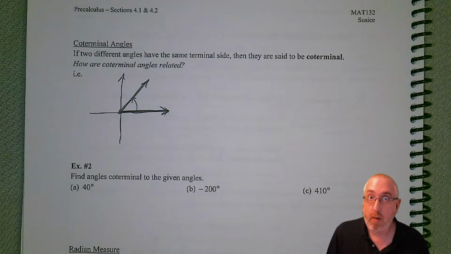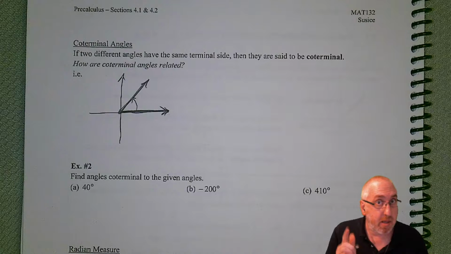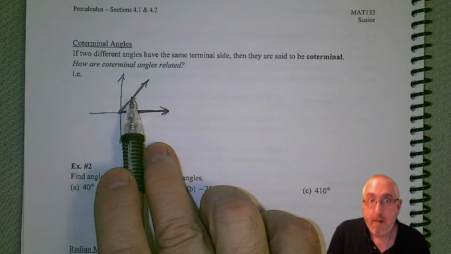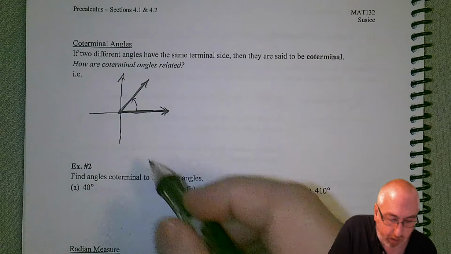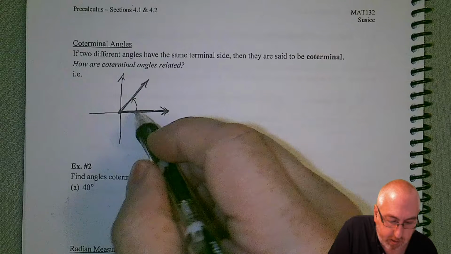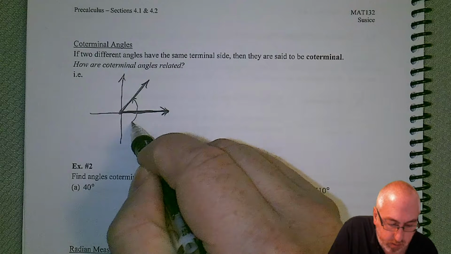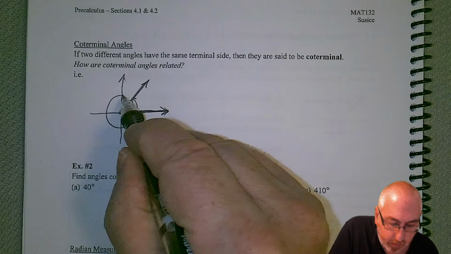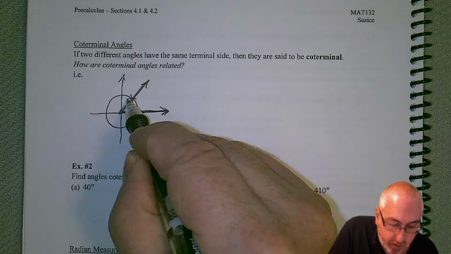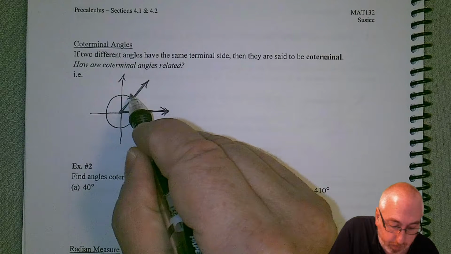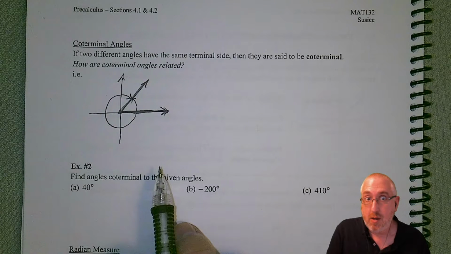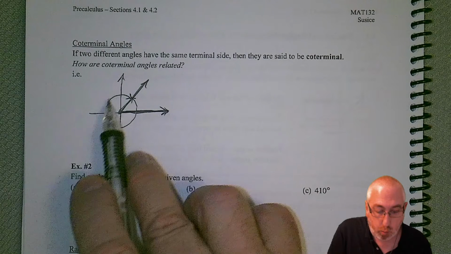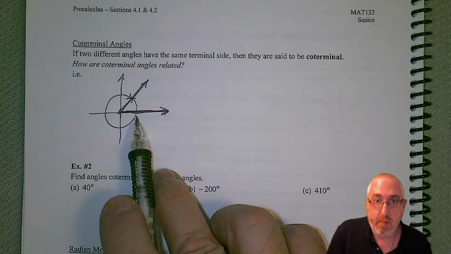So that's one angle, and it's a positive angle because I'm going counterclockwise. But what if I wanted to go clockwise? If I went clockwise, I could be describing this angle here. It's a pretty large angle, but the one thing we also know is that it's negative. So those two angles would be considered to be coterminal.